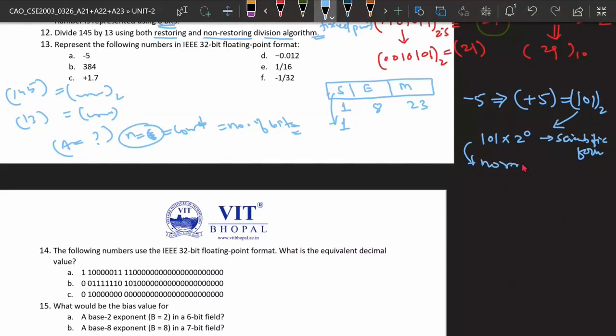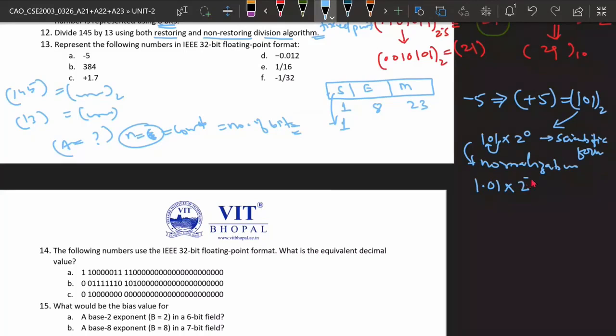Once we normalize, it will be of the form 1 dot something. So we will make it 1.01 into 2 to the power of 2, because the binary point was at the end and we need to move it to after the first digit. We move it by 2 digits, so we increase the exponent by 2.